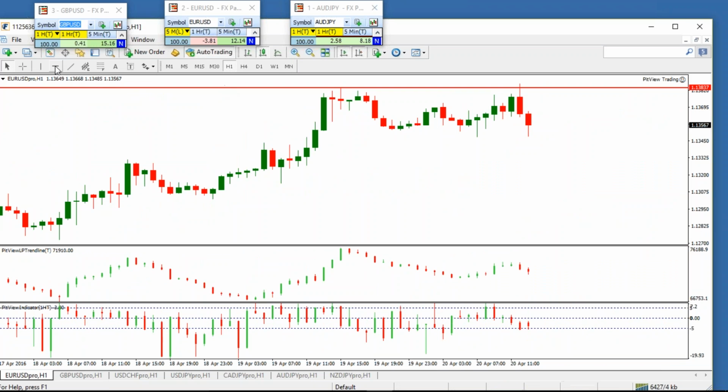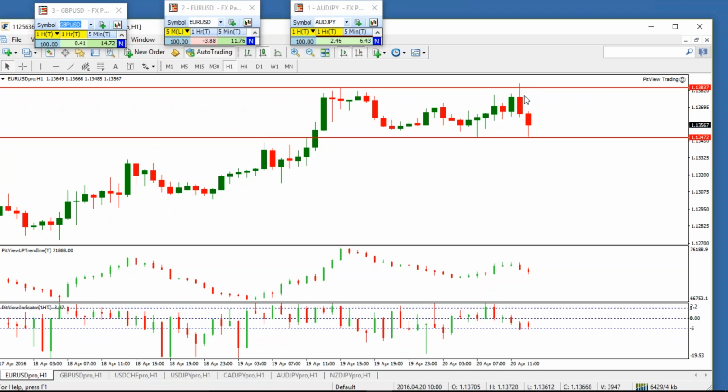If you're looking for other opportunities, if you're not long dollar Swiss yet, another one would be on the euro dollar. You could look for a break down below this double top pattern. Nice little uptrending move. Generally, the stronger the trend going into a reversal pattern, the stronger the reversal is once it triggers. You can see here this matches up well as it's been consolidating on this double top.